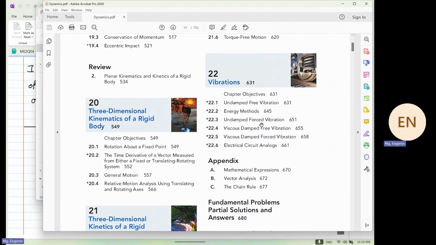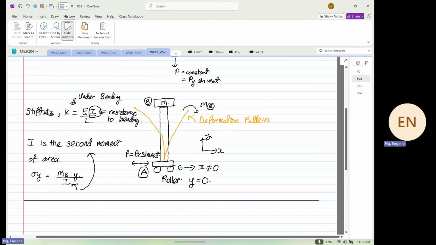I did not teach everything. I taught enough for you to know what linear vibration is. What I've taught you is just linear vibration, so the thing goes up and down, up and down. I did not teach you going left and right, relative to the mass. Going left and right is where we have to go into this form.